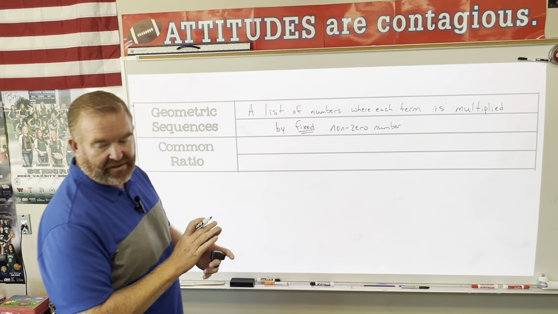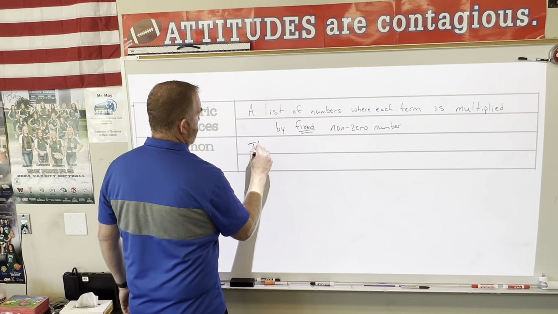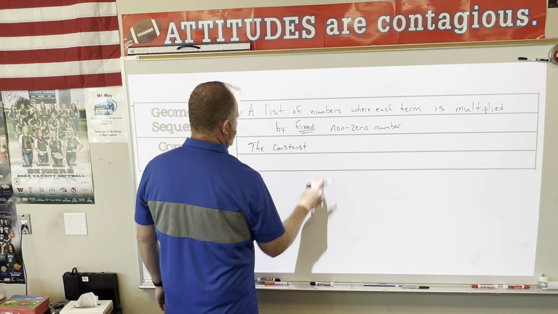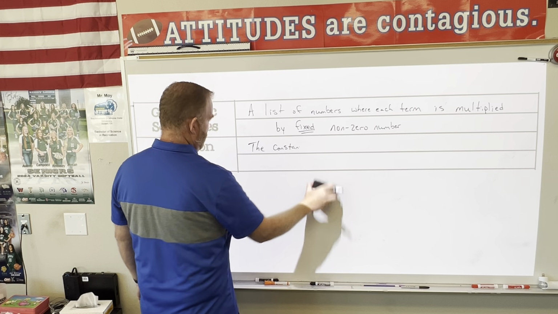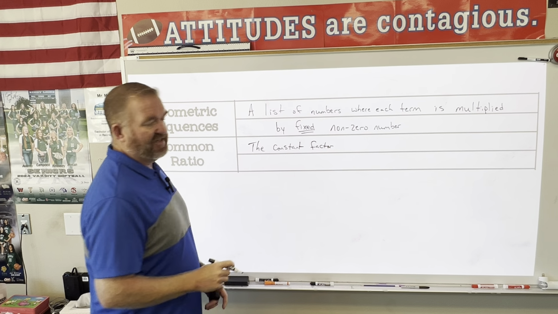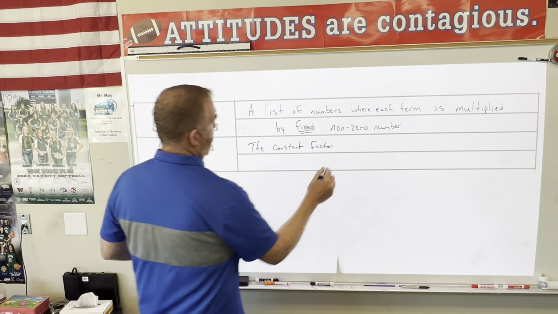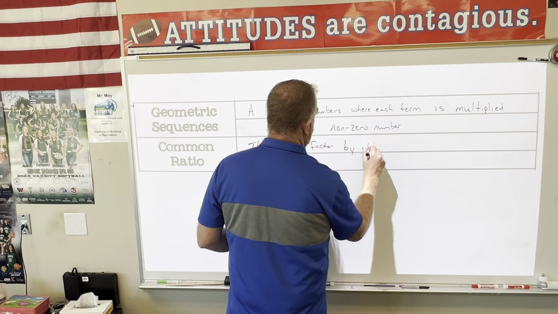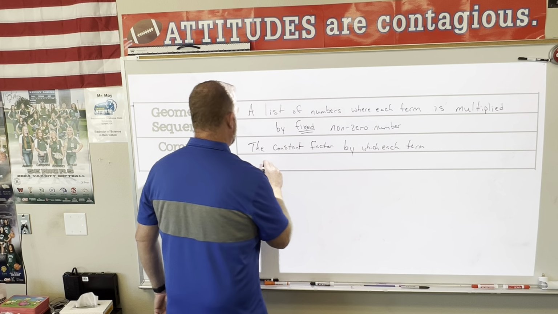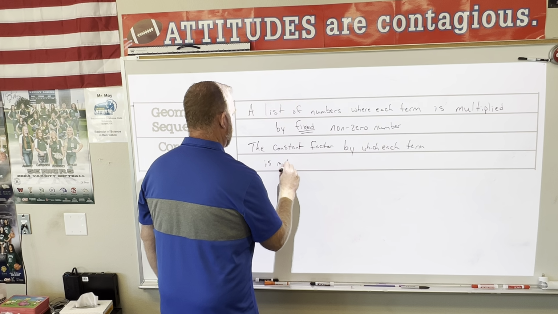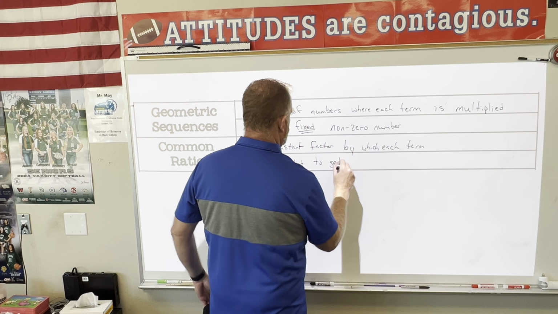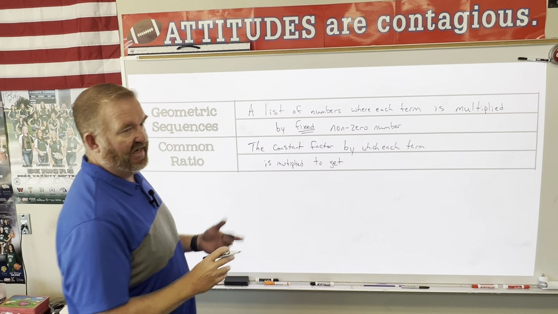The common ratio is the constant factor by which each term is multiplied to get the next term.